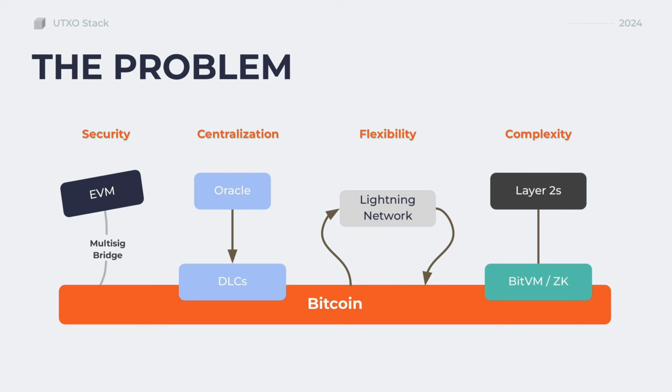Another solution is what we call a native solution, which is the channel or Lightning Network. We already have a mature Lightning Network running on Bitcoin. I think more than 10,000 nodes are running Lightning Network nodes, and millions of users are using this network. However, this network only supports Bitcoin itself.